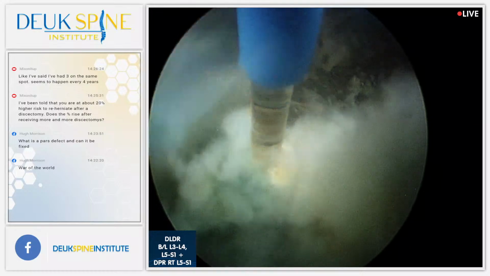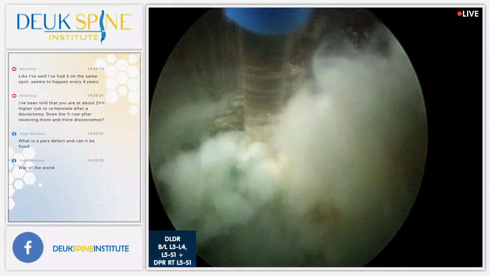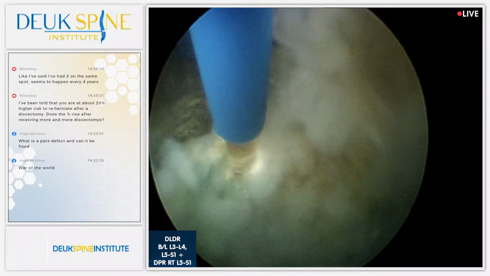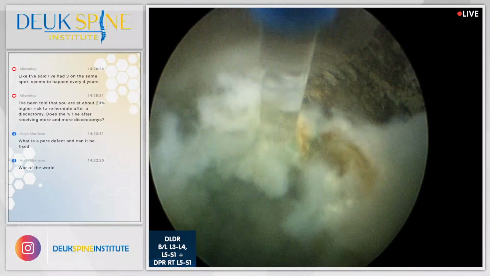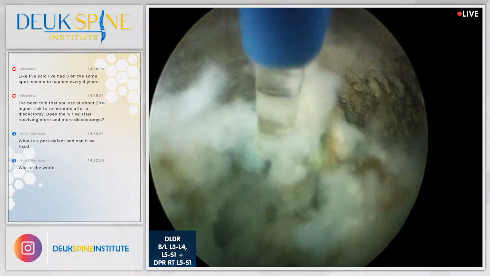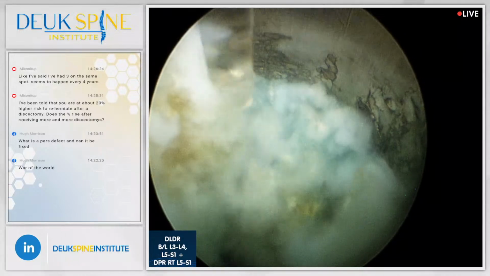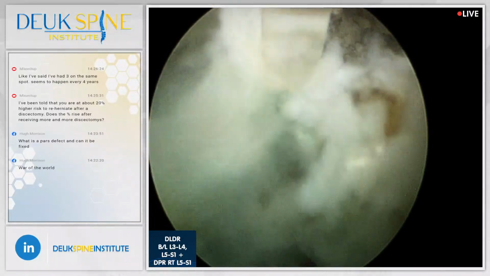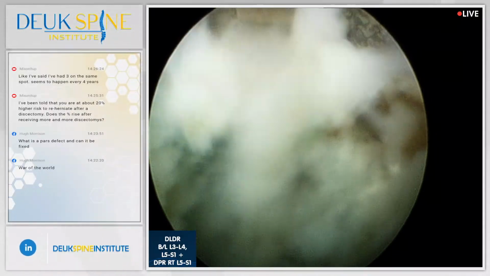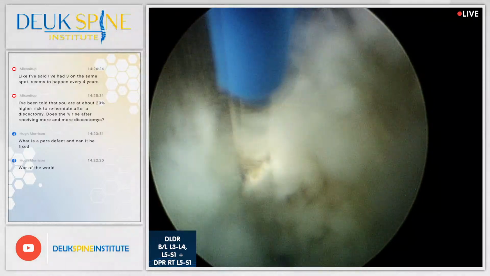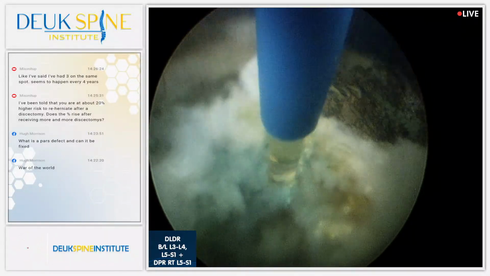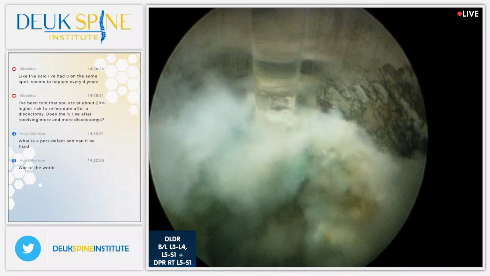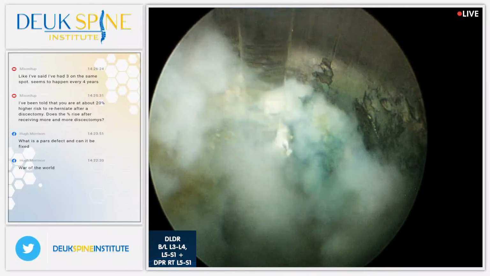I used to tell people they needed a fusion because that's where their pain was coming from. But it turned out it's not true. And it's not that I lied to them intentionally, it's that that's what I was taught to tell the patients, so that you fuse them. And then I had patients with a pars defect who didn't want fusion, they wanted laser. And I said, well, it's probably not going to work. This was like 16 years ago.